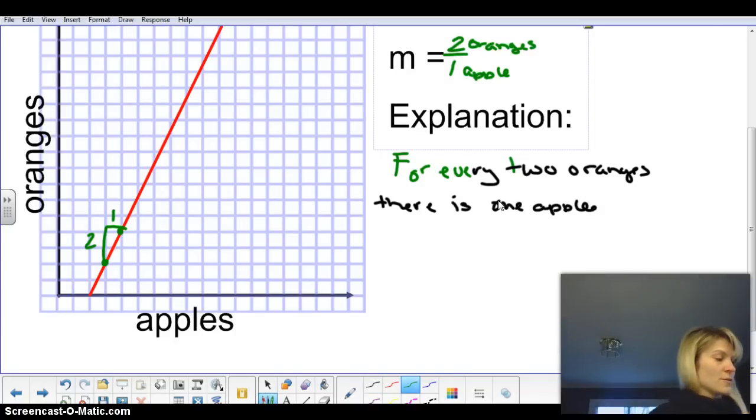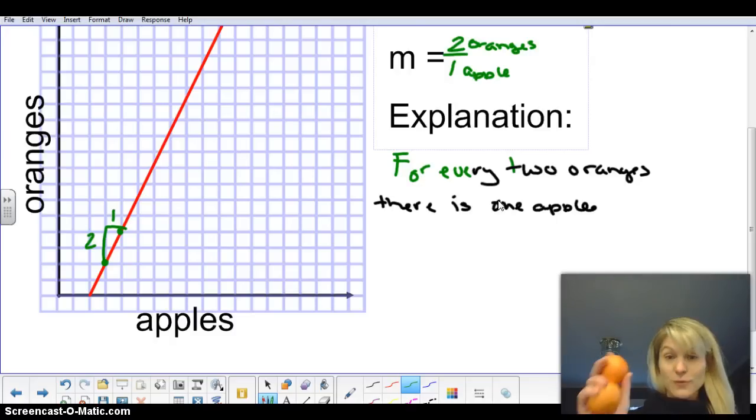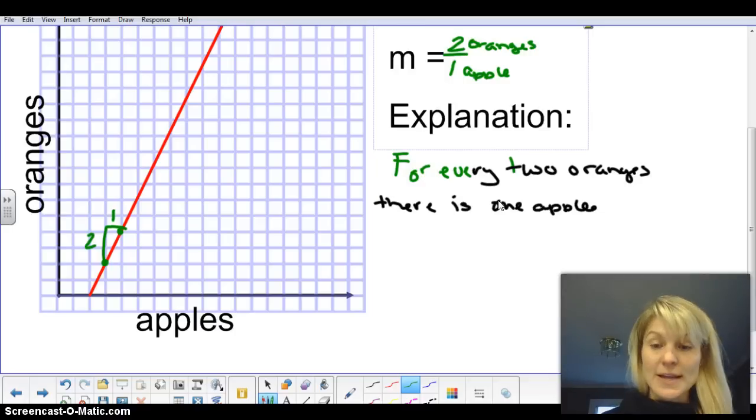Okay, so if we look at this, for every 2 oranges, I have 1 apple. So hopefully you would know that if I had 4 oranges, I would then have 2 apples, right? Apples to oranges. So tomorrow we're going to spend some time working on writing these out in stations.